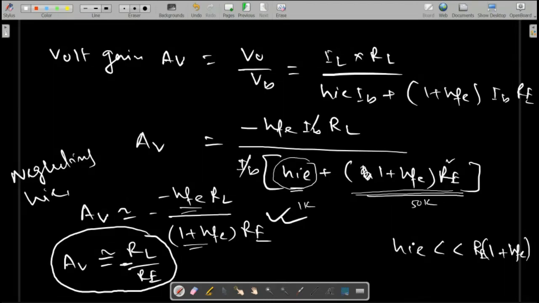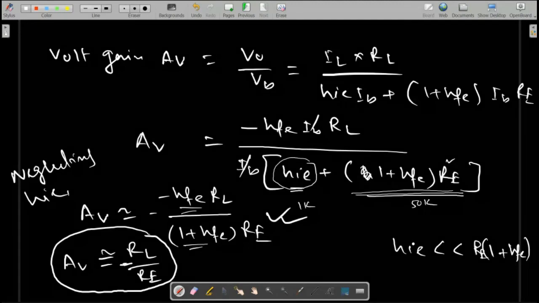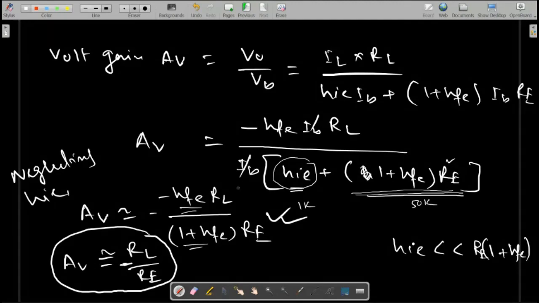They are passive resistances. So what about stability? Stability is good. Stability increases, because in the voltage gain expression there is no H parameter involved. The ratio of two resistances. So in this way, we can say stability increases, but gain reduces. Check the voltage gain in the previous case: it was minus HFE into RL by HIE if you calculate it without emitter resistance.